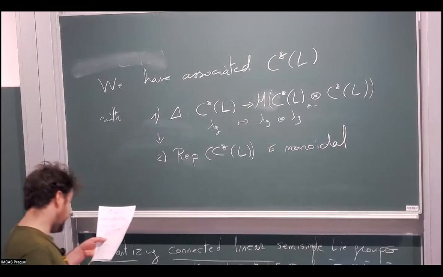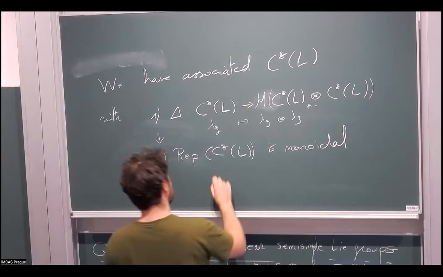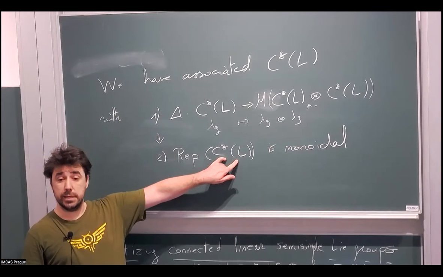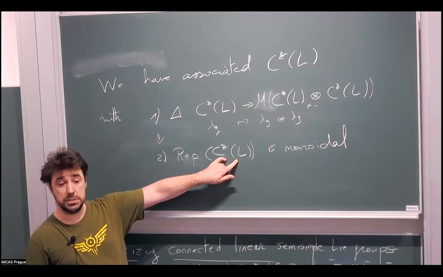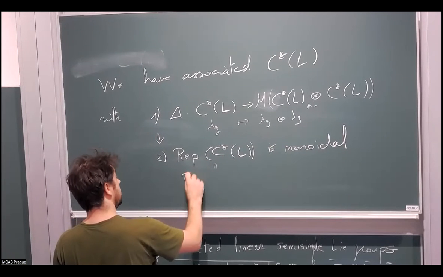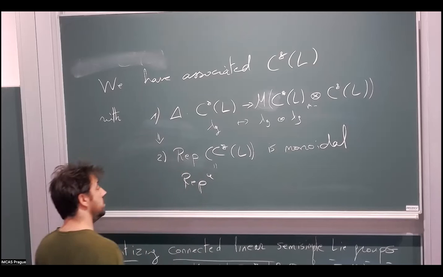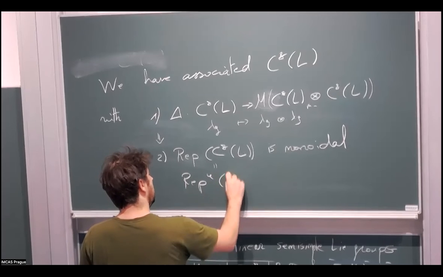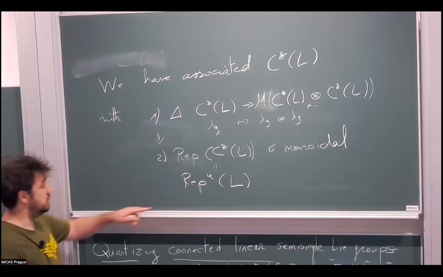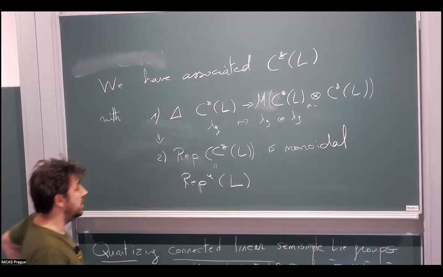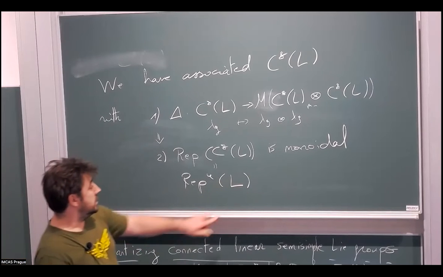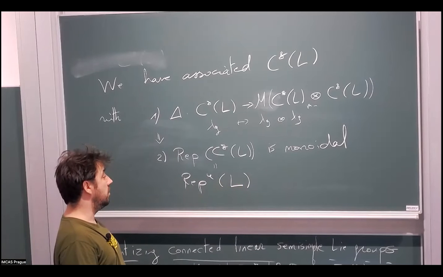The point is that this C-star algebra basically encodes completely the representation theory of your Lie group. So looking at representations of this C-star algebra or looking at strongly continuous unitary representations of the Lie group L, it's the same thing. And of course, you know how to tensor representations of L.